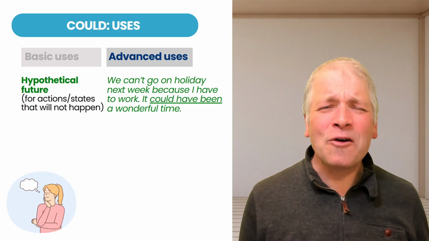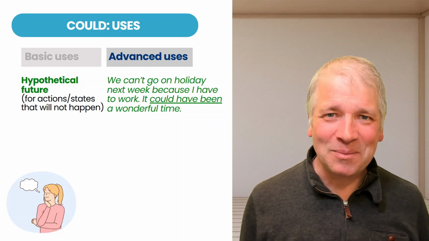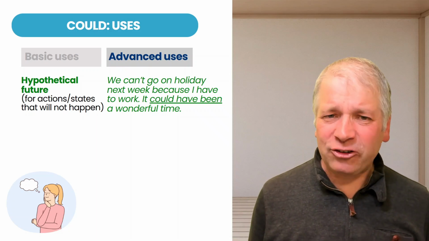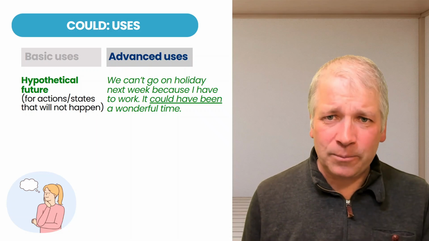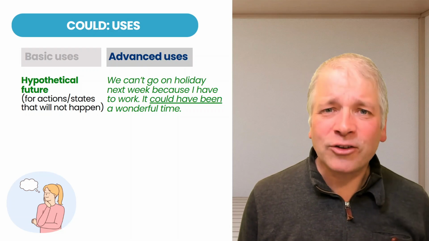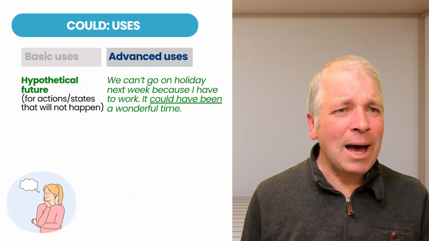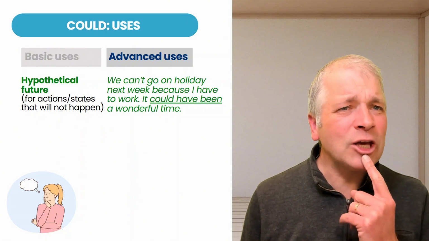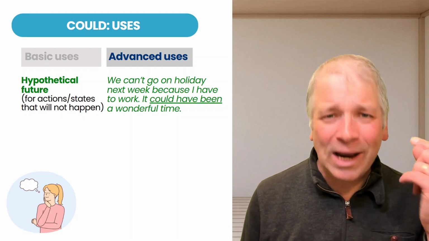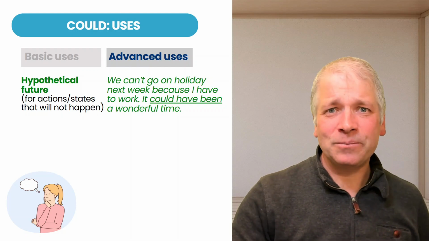It could have been a wonderful time. So here, it could have been a wonderful time is actually referring to the future. I expected to go. Now I can't go. And I'm thinking about what if I could go? Well, it could have been a wonderful time when I get there in the future.